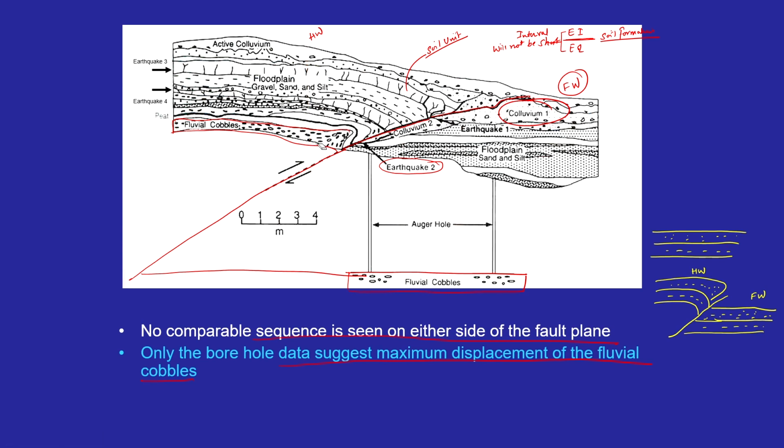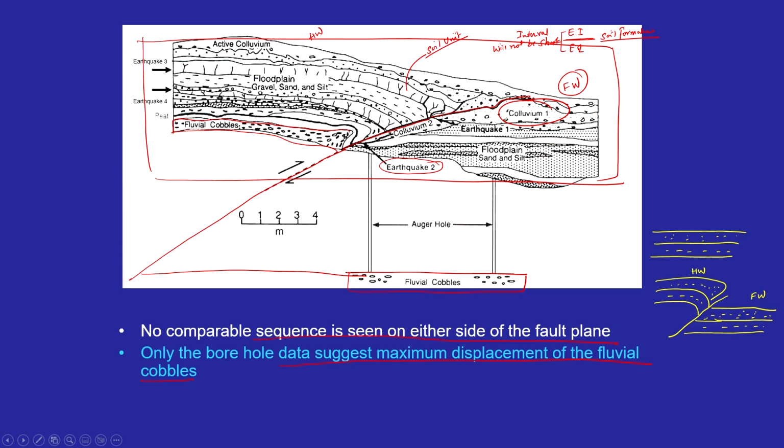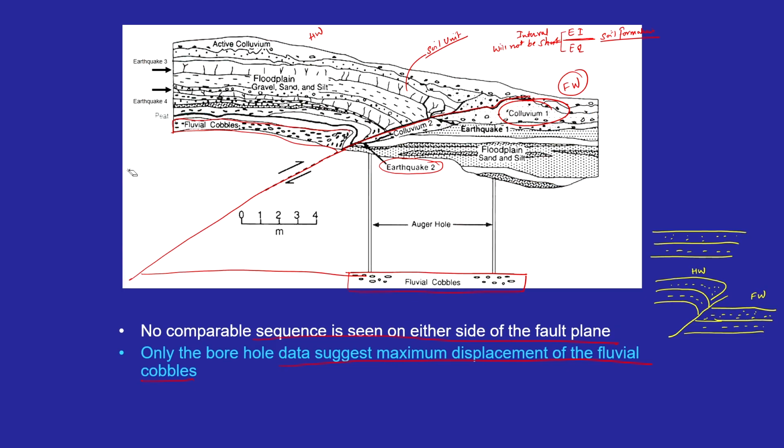In an exposed section, you are unable to pinpoint the amount of displacement, but the borehole helped them understand that the displacement was far greater than what they see in the trench, because the displacement seen in the trench could be related to the younger events.